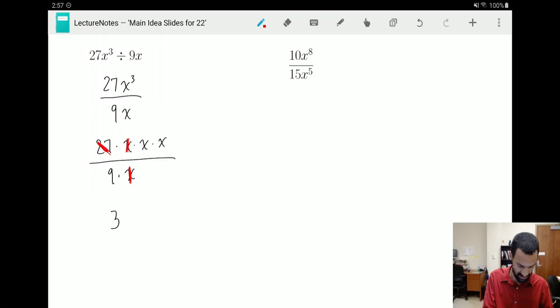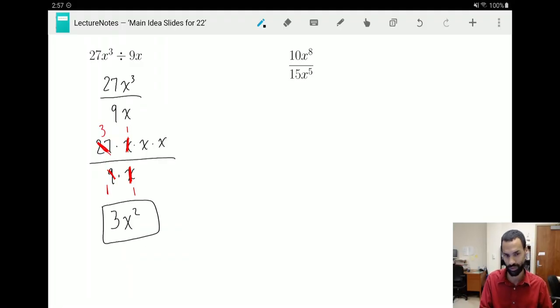So this becomes 3 over 1. And this cancels out, giving you a 1 and a 1. So really your numerator is 3 times 1 times x times x. Well, 3 times 1 is 3, and x times x is x squared. And then this is all over 1, but don't actually put it over 1, because 3 divided by 1 is just 3, so we don't need to write that over 1. Okay, so there we go.